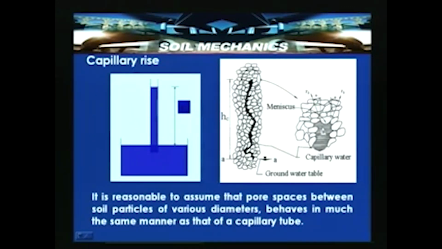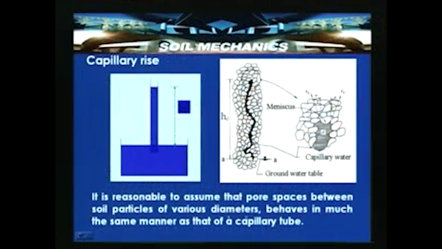So, it has something like an upward pull, which is resisted by the self weight of the water column within the glass tube. Similarly, in soil the same phenomenon occurs: water is pulled against gravity above the groundwater table, and this is resisted by the self weight of the water within that column.